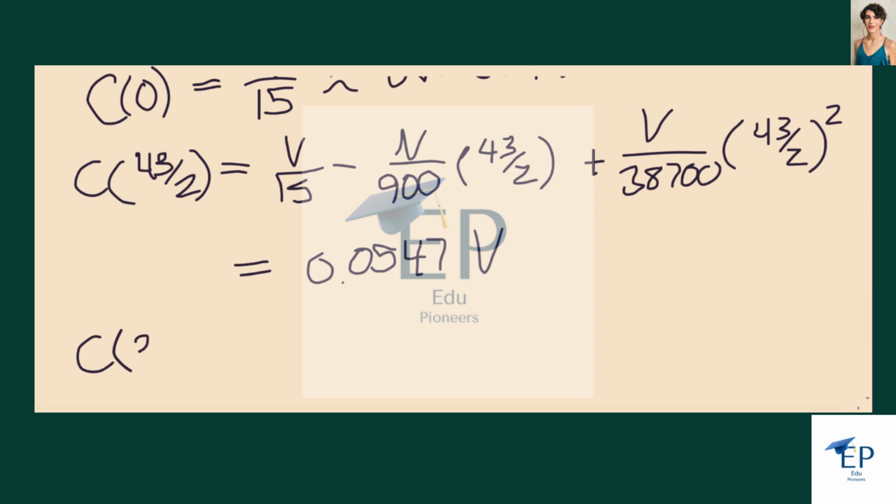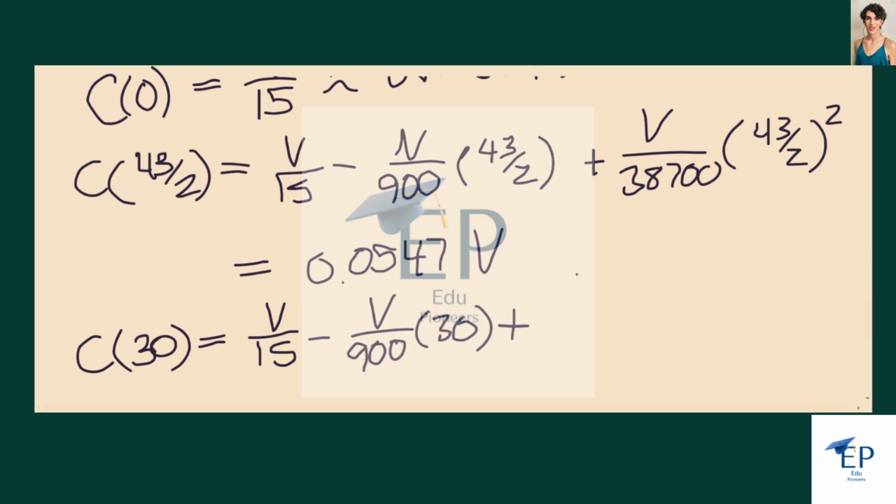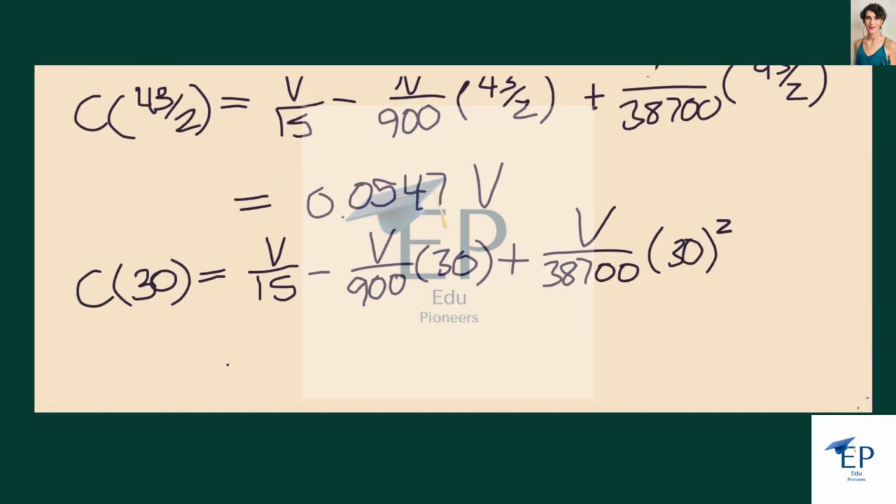So c of 30, plugging this in, this is v over 15 minus v over 900 times 30 plus v over 38,700 times 30 squared. And this is approximately 0.0566 v, which is slightly greater than c of 43 halves.